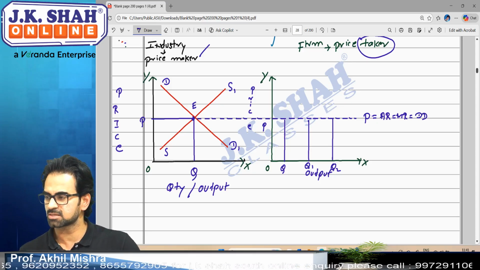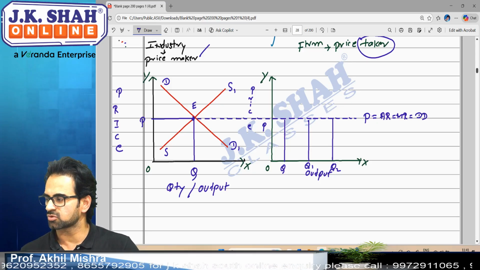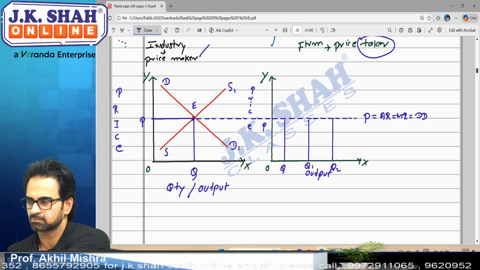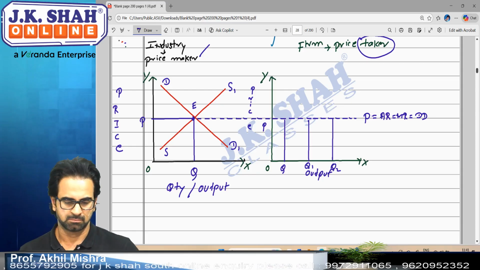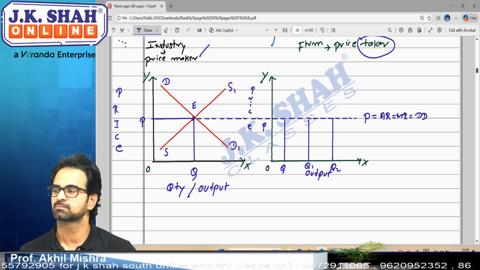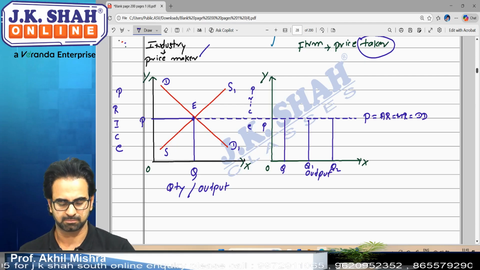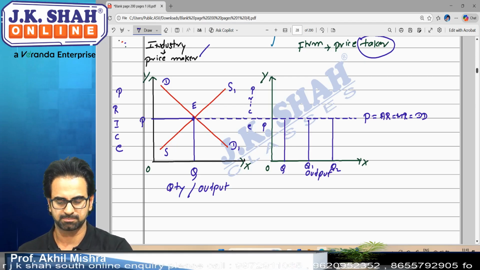Would you like to copy this? Shall I wait or scroll up? Okay. You can copy this diagram.